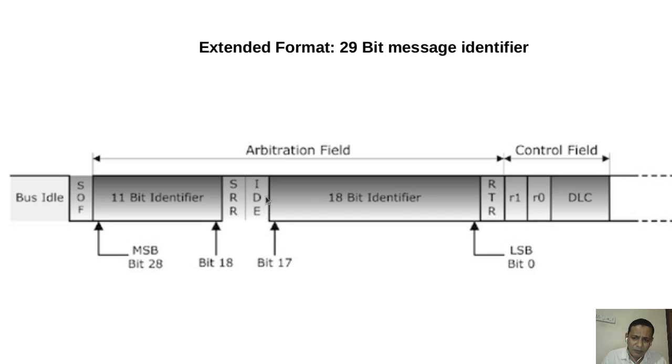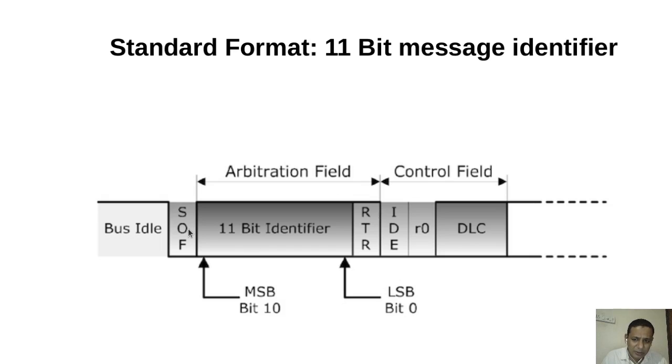If it is extended frame format, again 18 bits will come. So the IDE bit comes in the arbitration field in the case of extended frame format, but it comes in the control field in the standard frame format. You can see it will come in the same position in both, from the start of frame. So this bit will decide whether the next bits belong to the control field or the arbitration field.